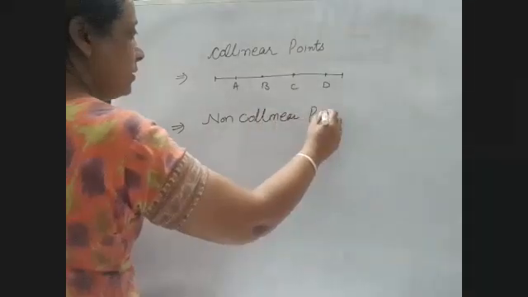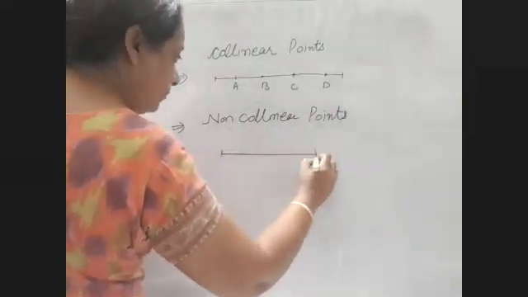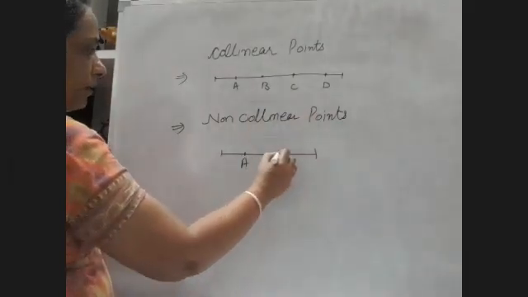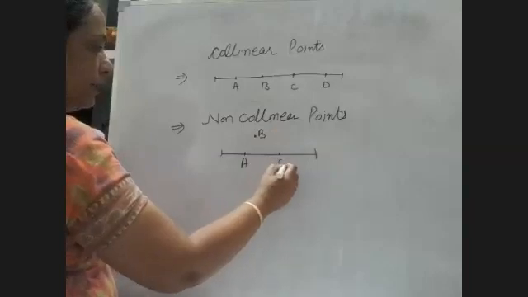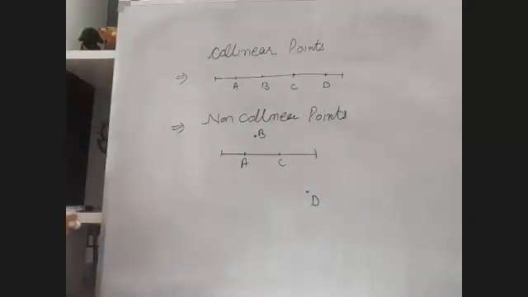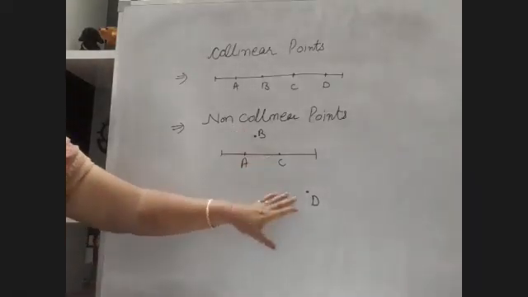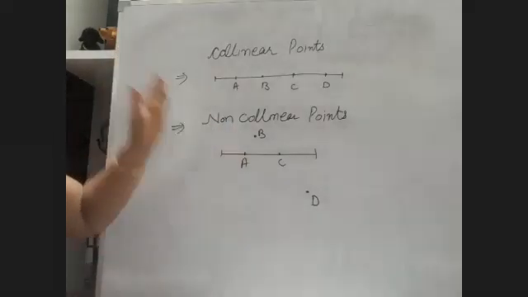For example, we have a line segment, and here we have point A. This point is B, this point is C, and here we have D. Now, students, you can see points A, B, C, D. These 4 points are not lying on the same line segment.